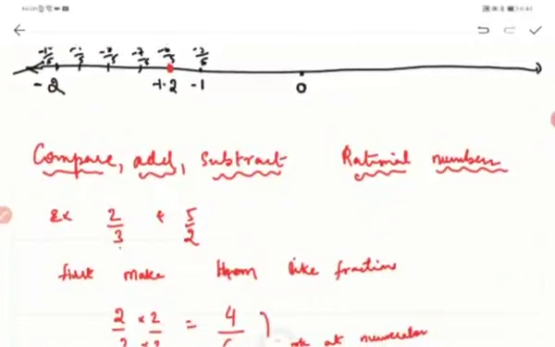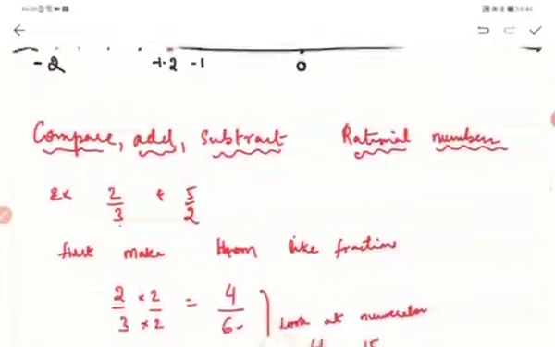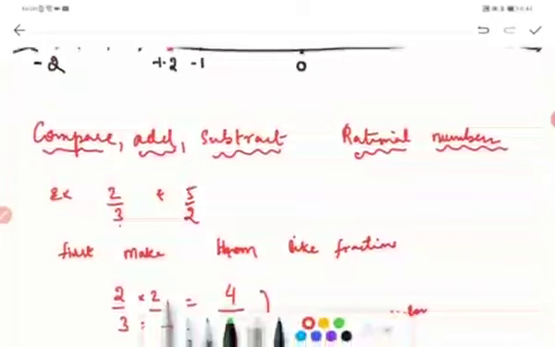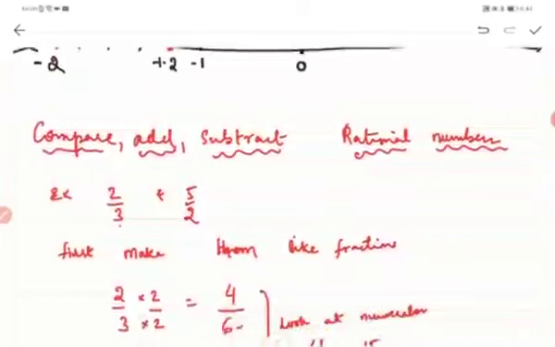So in this example we have 2 by 3 and 5 by 2. Okay, they are unlike rational numbers, right? So what you will do, you need to first convert them into like. We were doing this by just finding the multiples of these two, right? And that is, in the denominator you need to get the same number.